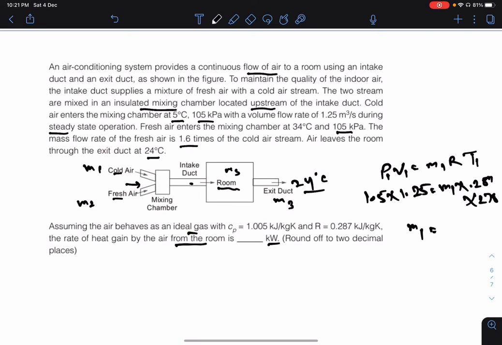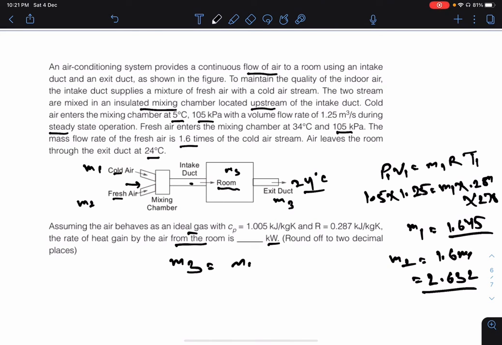So M1 will come out as 1.645 kg per second. So M2 is 1.6 of M1. So that will come out as 2.632. Since it is a steady state operation, M3 is equal to M1 plus M2. So that will come out as 4.27 kg per second.